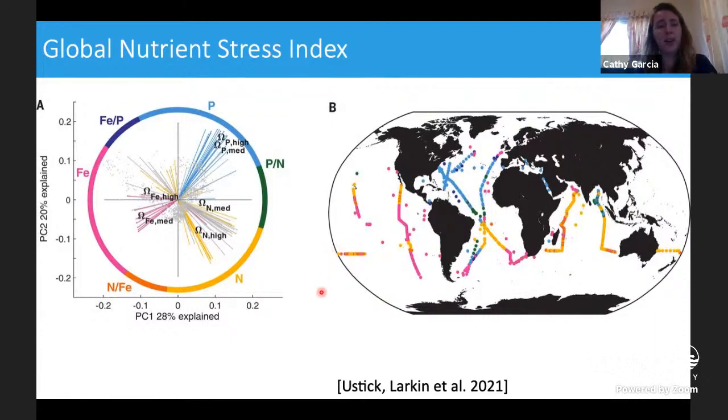So there's really just a lot of potential for this kind of analysis, where nutrients aren't necessarily available, or we want to summarize all these different nutrients that aren't necessarily measured, including dissolved organic phosphorus or nitrogen. This genomic nutrient stress index might be an alternative way to incorporate them into these biogeochemical models.